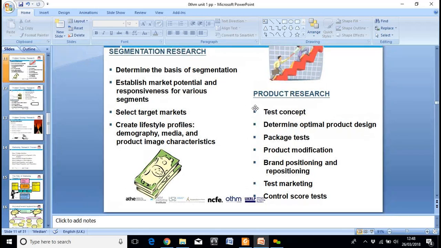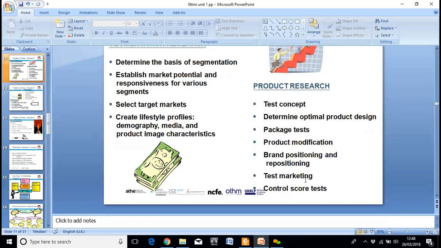So your product research is to test the concept of what you're going to produce, either a service or an item, whether it works or not. Determine the design, put a package together and test it. Any modifications that come out from those tests, again, positioning the brand and repositioning it, and I can just use the example of Ford, to make sure that it looks good in people's eyes.